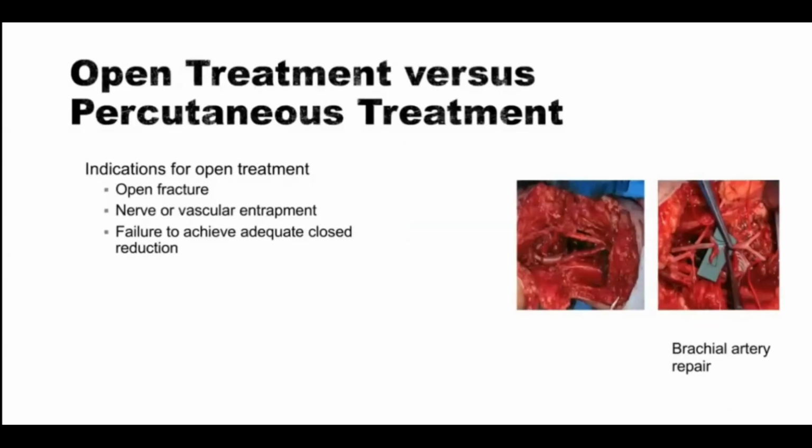So most of these fractures as well can be treated by closed means or percutaneous pinning, but open treatment can occur when you have an open fracture, if you have a nerve or vascular entrapment, or, most commonly, if you just aren't able to get a good closed reduction because there's something in the way, whether that be periosteum, a neurovascular structure, or some brachialis.